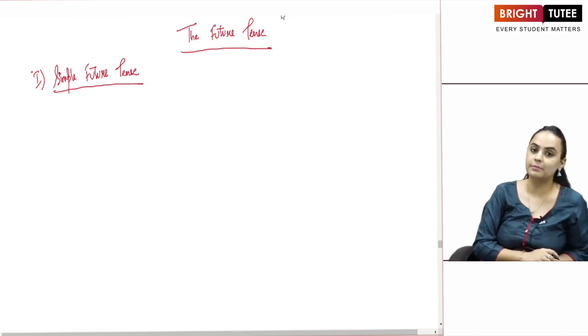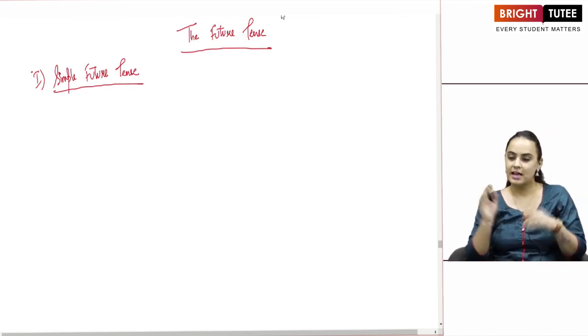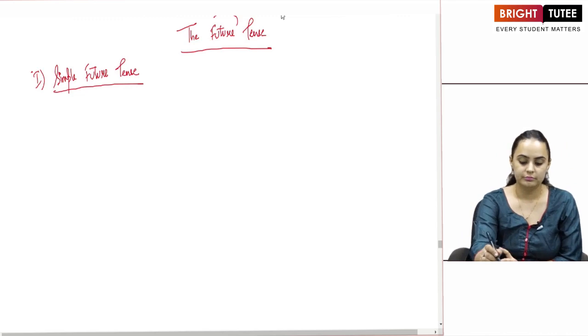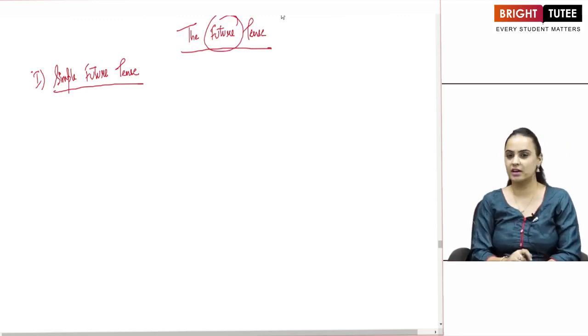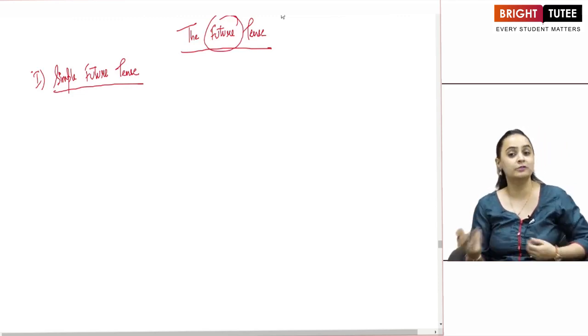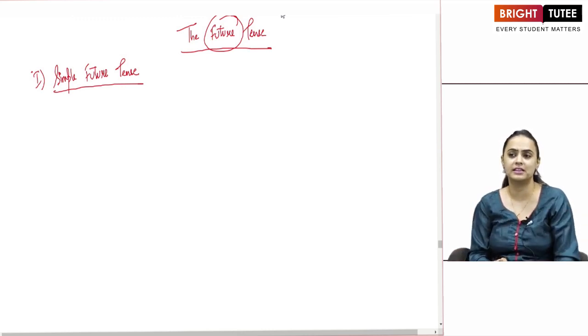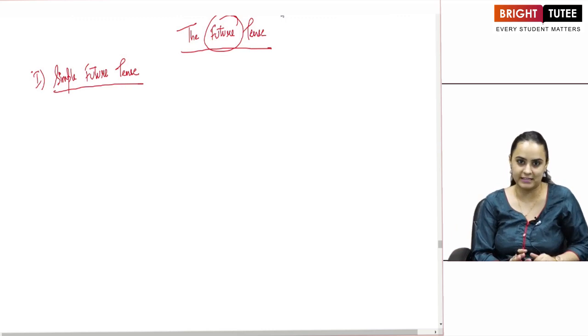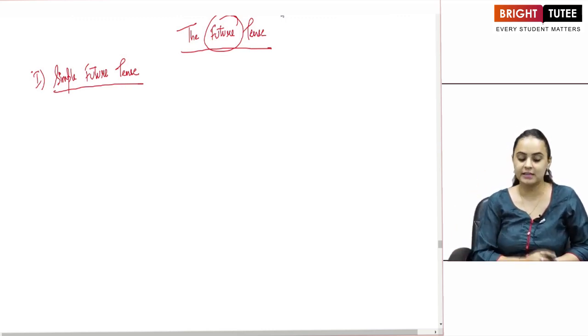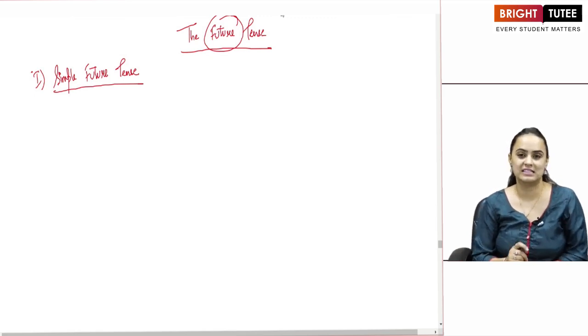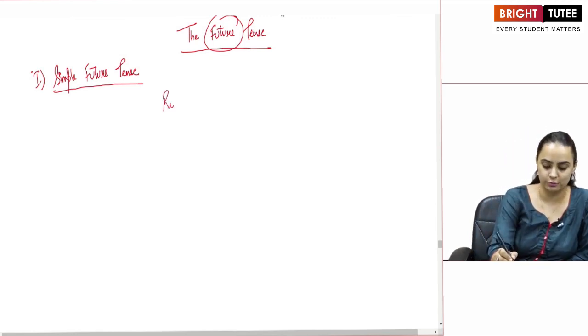Now, what do we mean by the simple future tense? One thing that we know: when we talk about the future, we are referring to something that has not taken place right now, but will take place in the near future, right? So, simple future tense. First, let us talk about the rule.